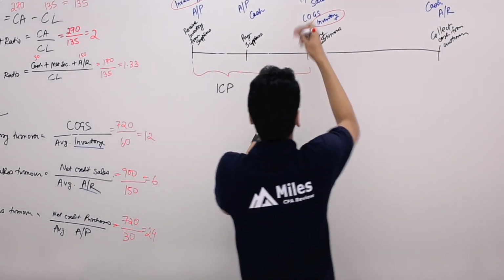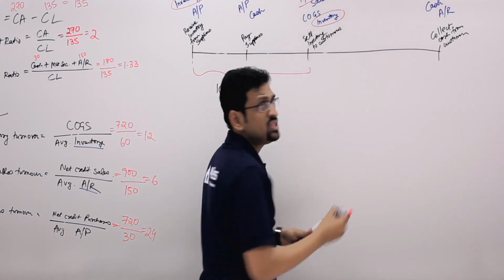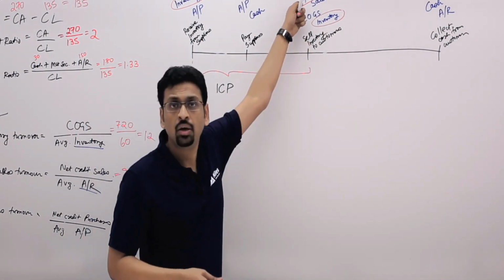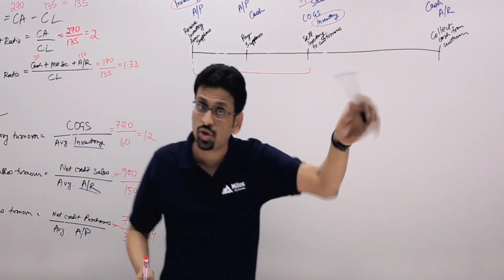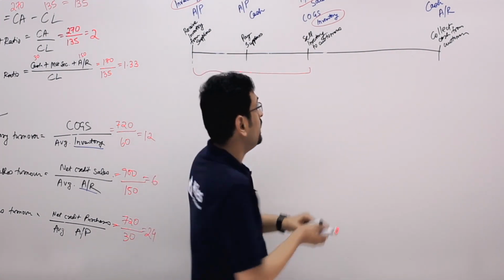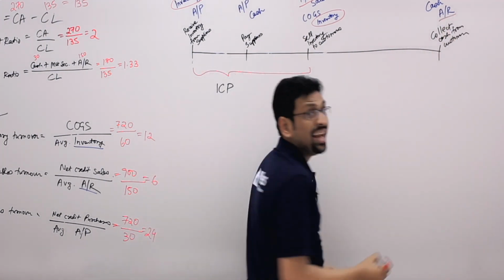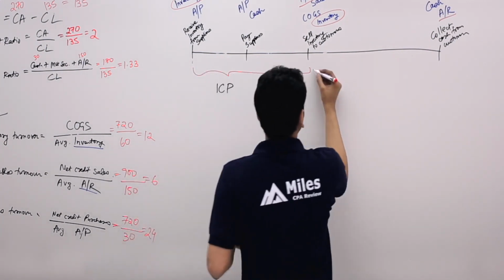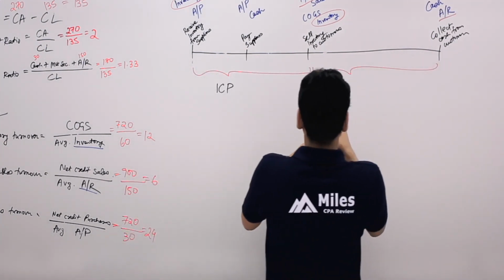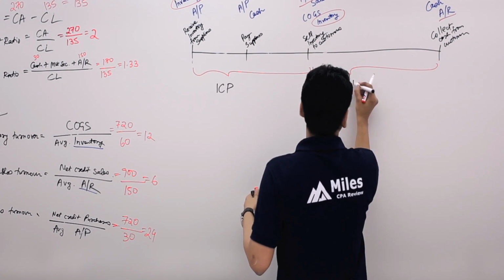At this point, you had your accounts receivable. They were born when you sold goods to them on credit, and they closed out when you went to them and collected the cash. So this becomes the receivable collection period.